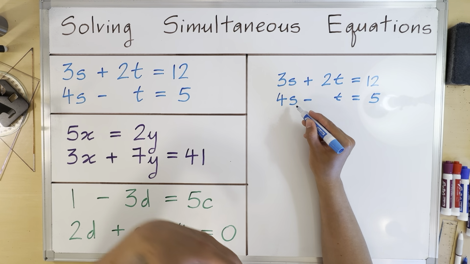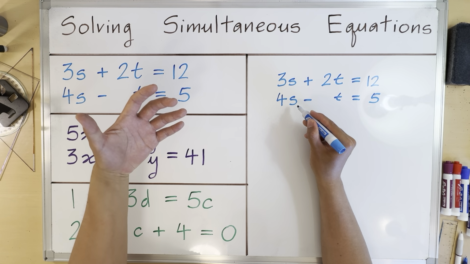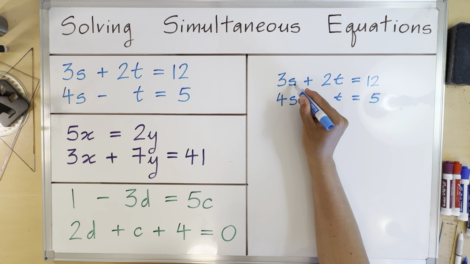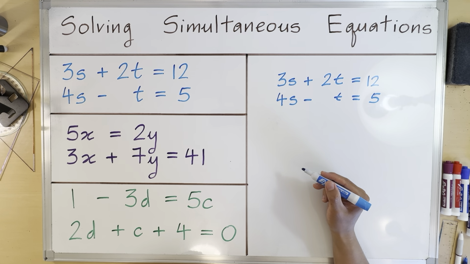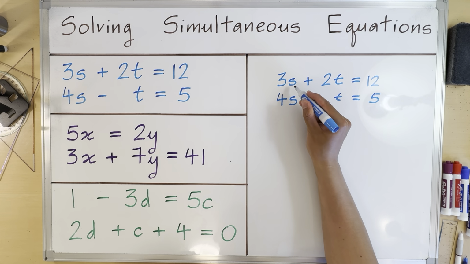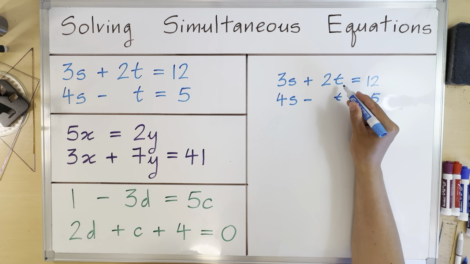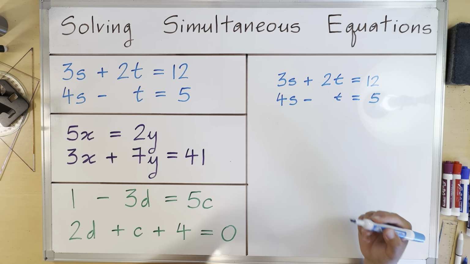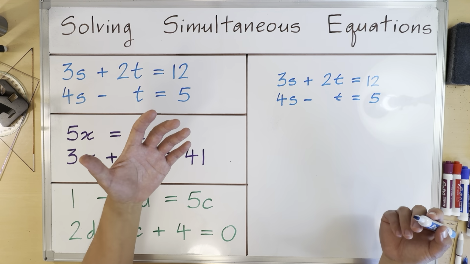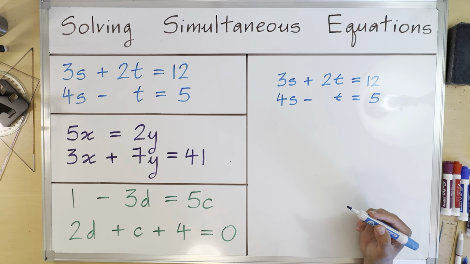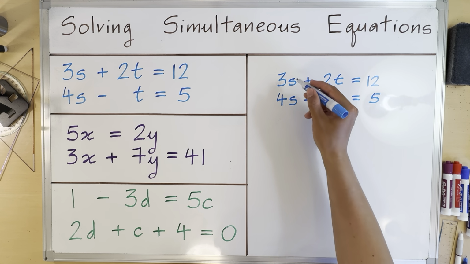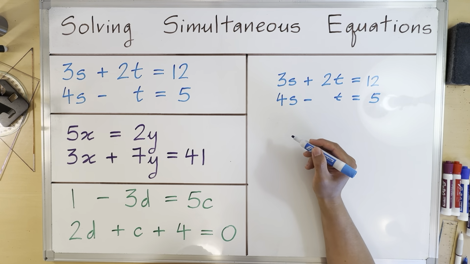We can do that by using this one, which is s, or this one, which is t. It doesn't matter, but we have to do it to one of them. So let's just suppose we do it for the first one, for s.